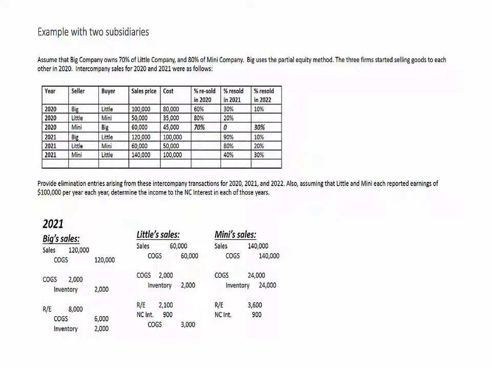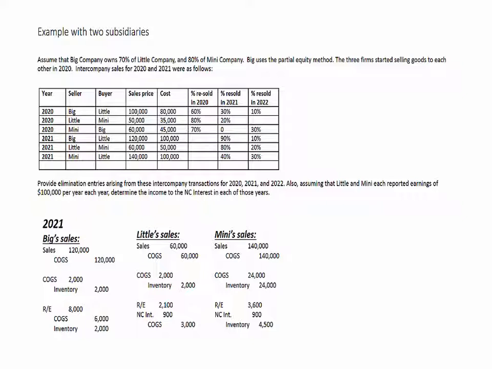So we carry forward our $4,500. We're going to split that 80-20 because, again, Mini is an 80% owned subsidiary, so the non-controlling interest gets 20% of that $4,500, and that entire $4,500 is an adjustment to our inventory account.